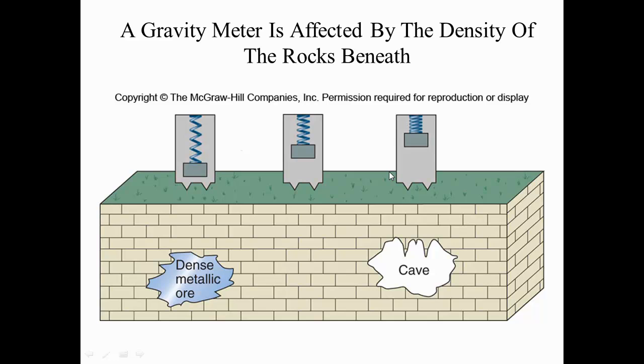On the other hand, the gravity meter on the right sits above an opening, a cave. So there's less gravitational attraction occurring beneath that gravity meter to the right. And as a result, it's not pulled near as much down as the other 2 examples. So this just is an illustration of how gravity changes depending upon densities of underlying material.